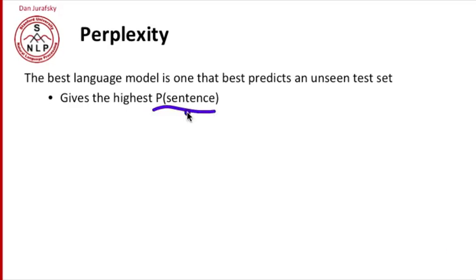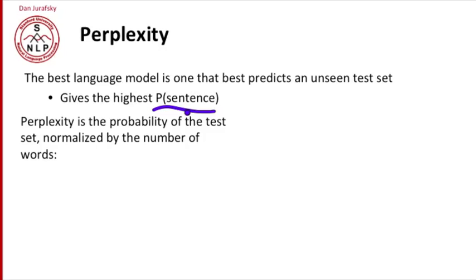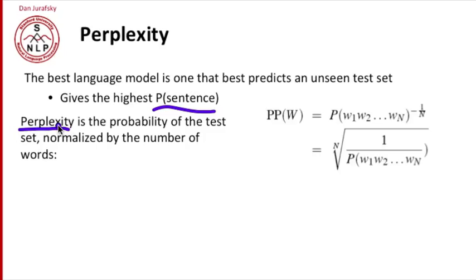If you give me a new test set, and I assign a probability to each of those sentences, the better language model is the one that says, oh, I knew that sentence was coming, and assigns it a very high probability. Now the perplexity, this new metric that we're going to be using, is the probability of the test set normalized by the number of words. So let's say our test set is a long sentence, n words long.